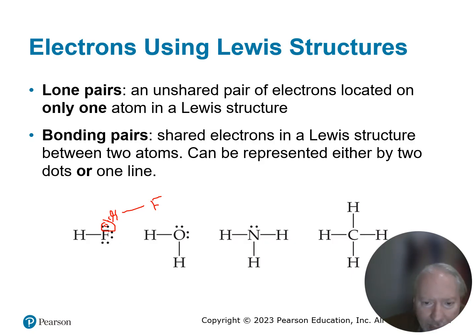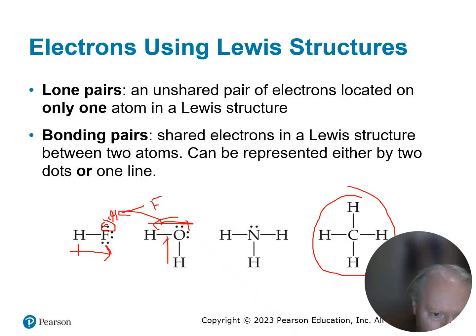Methane cannot do that. Methane does not form hydrogen bonds because there is no polarity. Carbon and hydrogen equally share the electron, whereas we're going to find out that in hydrofluoric acid, the fluorine gets the majority of the electrons, and in water, we have the electrons going towards oxygen, so oxygen gets the majority of the electrons.